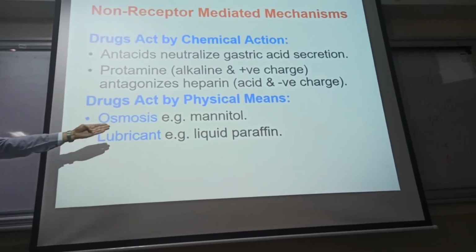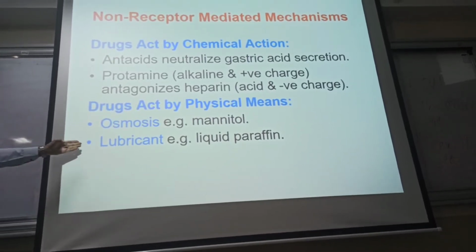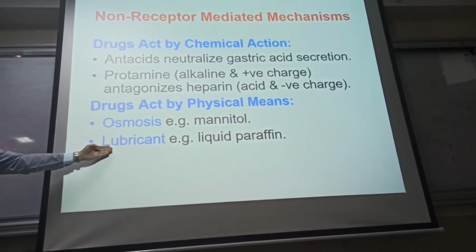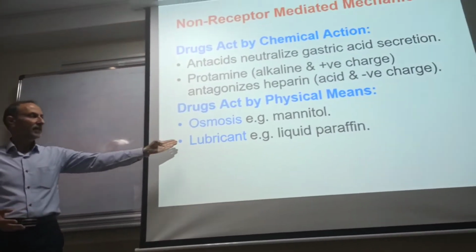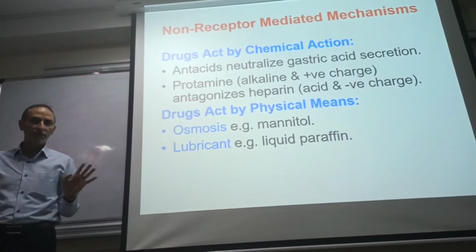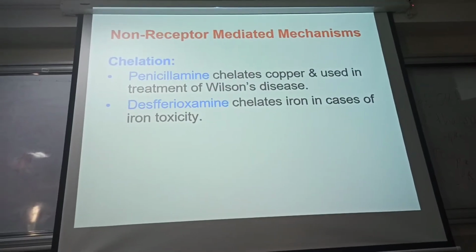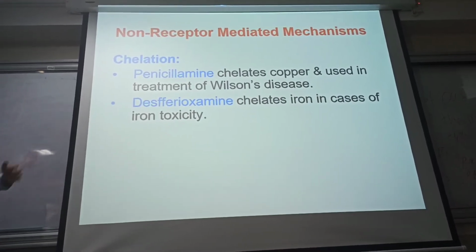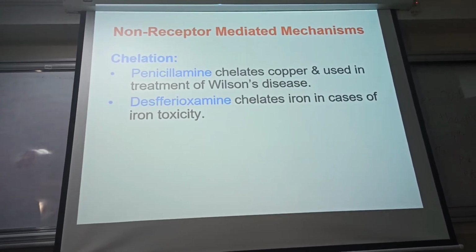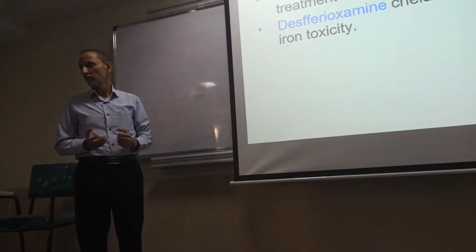Another example, we have liquid paraffin. Liquid paraffin can lubricate the feces, so it's used for constipation. It's a lubricant. There is no receptor. Sometimes we have chelation. For example, we have penicillamine, a drug that can chelate copper ions.